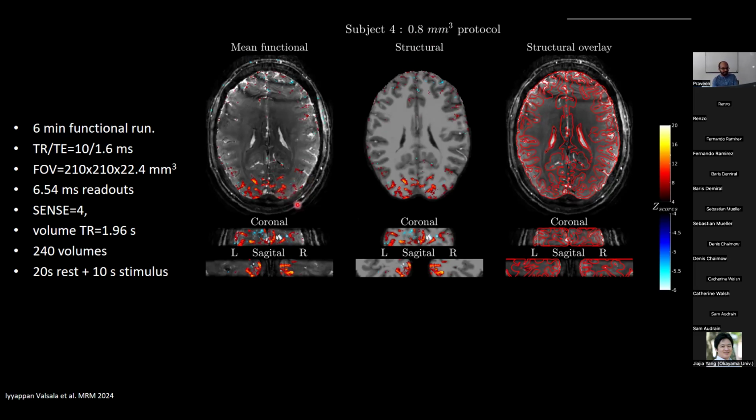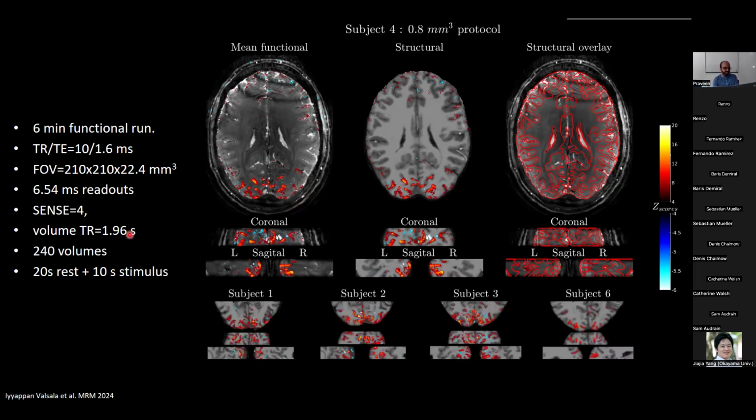gyri. The volume TR is 2 seconds, and we acquire for 6 minutes. And we did that for like 5 to 6 subjects. And you can see, if you have a favorable acquisition condition, like there is no banding in your region of interest, you see a very reproducible BOLD effect.